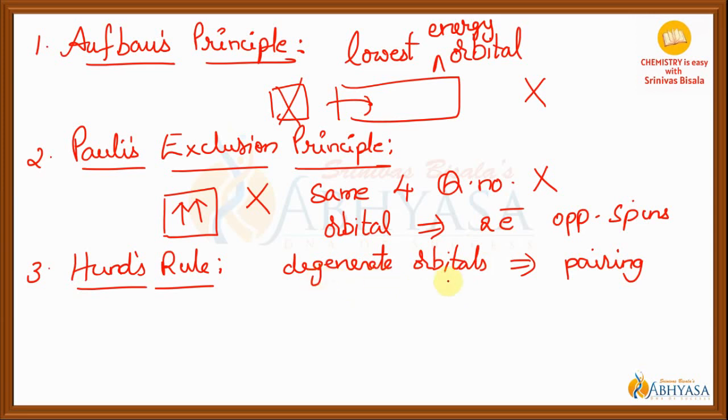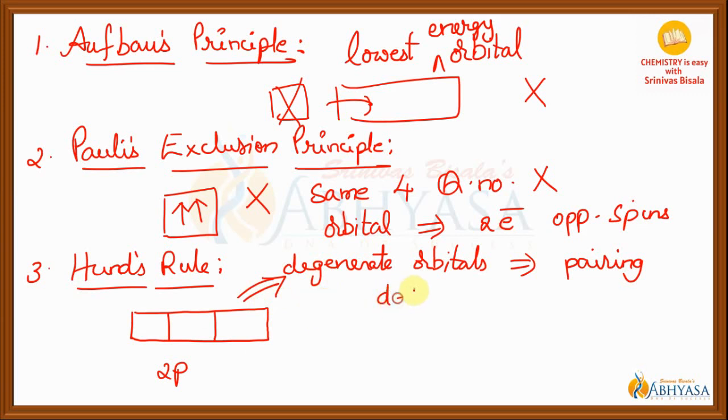Let me tell you what is the meaning of degenerate orbitals. The orbitals of the same sublevel with equal energy, they are called as degenerate orbitals. So here, this is the p sublevel with three orbitals and all of them possess the same amount of energy. And that is the reason why we call them as degenerate orbitals.